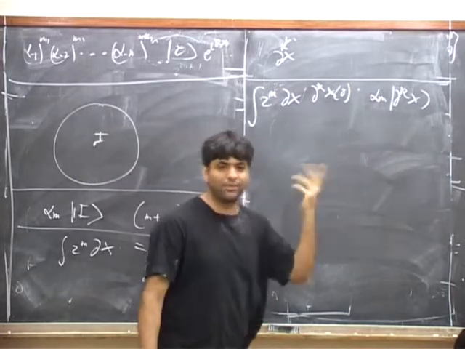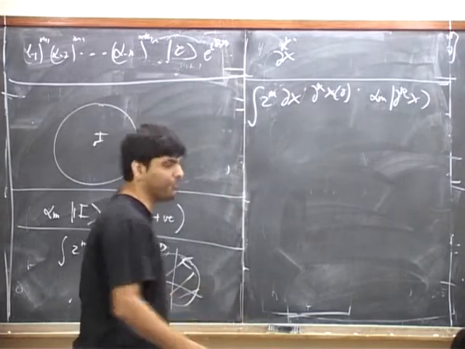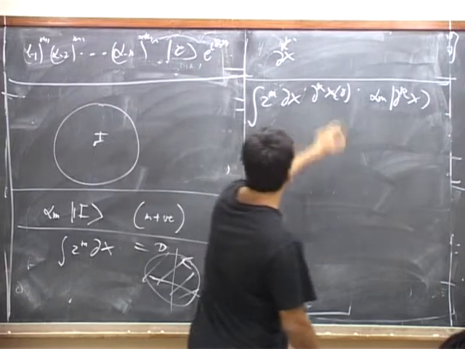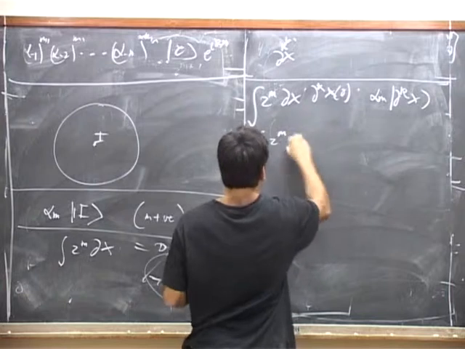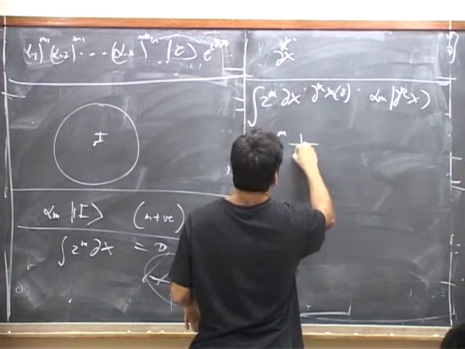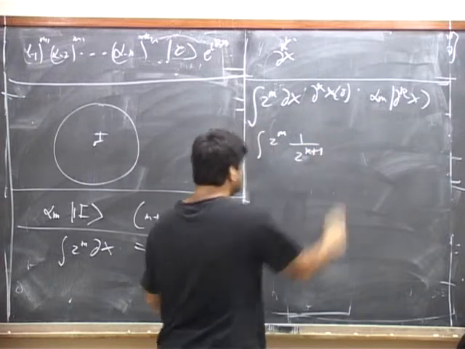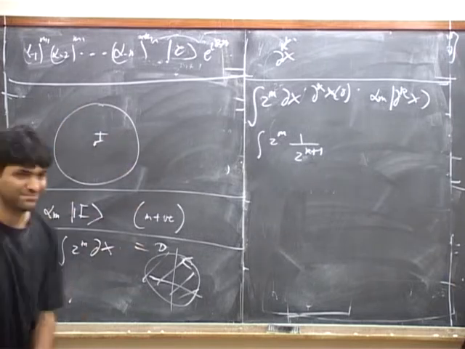Omitting constants, because all I want to see is whether it's 0 or not, we can work it out with constants carefully. But what do we get here? So we get here z to the power m times 1 over z to the power k plus 1, and times constants.